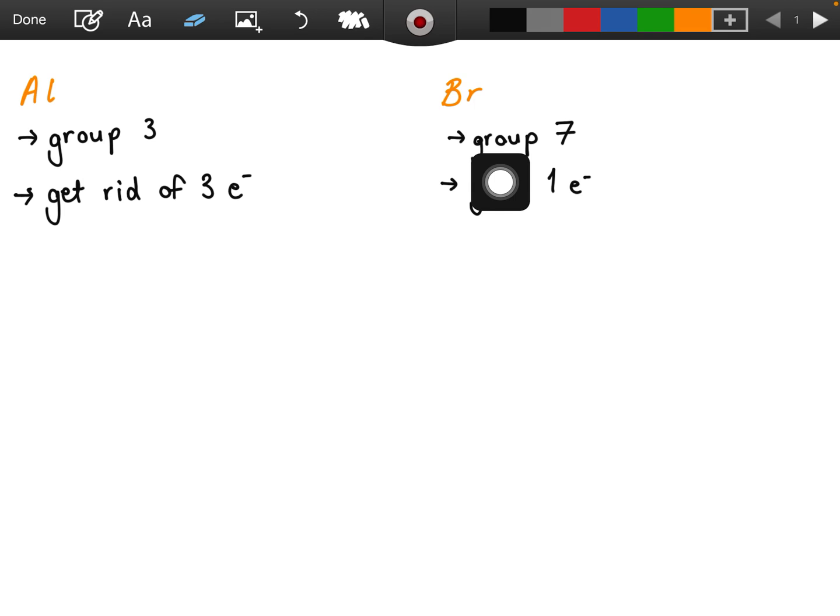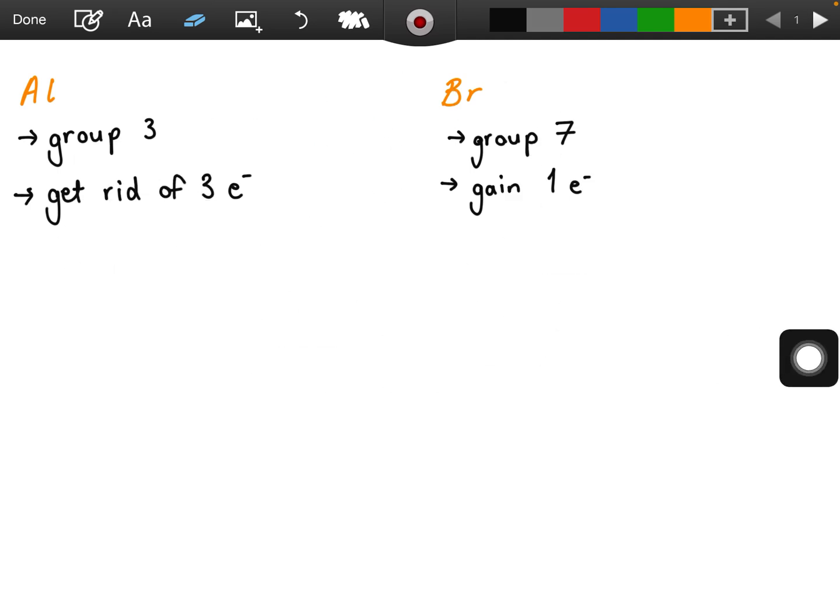So instead of aluminium bonding just with 1 bromine, we actually are going to have 3 bromines come over to an aluminium and say, oh, we'll take 1 each. Then all those 3 bromines have full outer shells, and the aluminium has gotten rid of the 3 electrons so that it has a full outer shell as well.